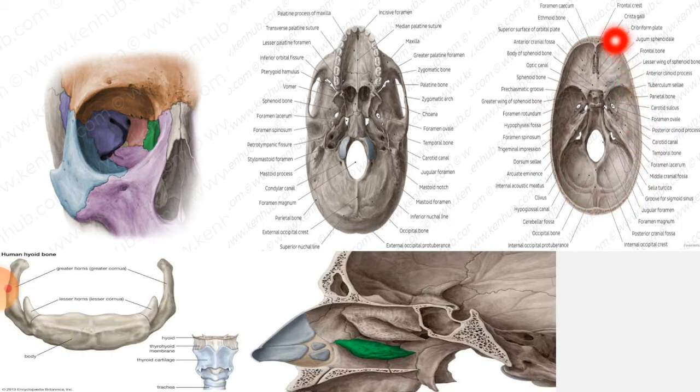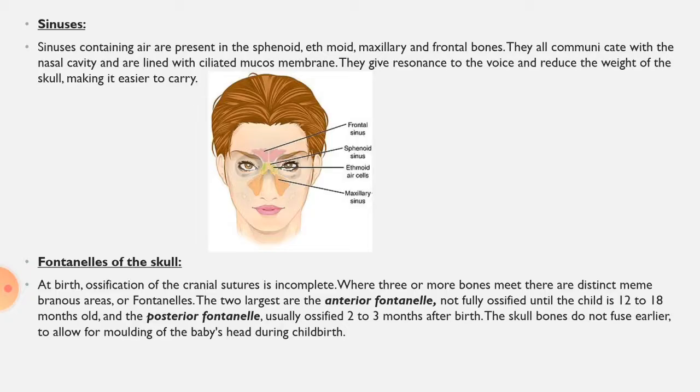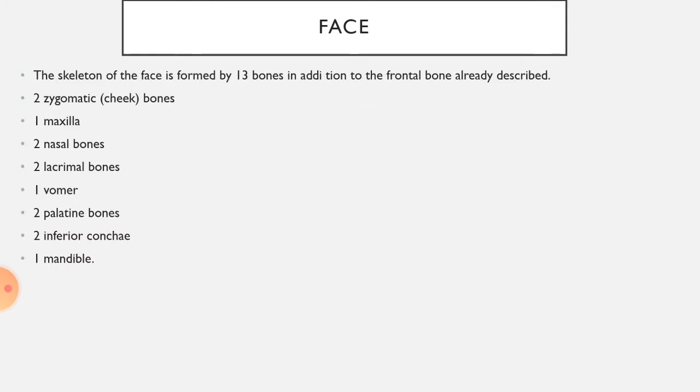The base of the skull accommodates the brain and the various nerves, vessels, and other very important structures. So this is called the base of the skull. Here is the base of the skull when we look at it from the inferior aspect, and the base of the skull when we look at it from the superior aspect. So now we will discuss them in detail.